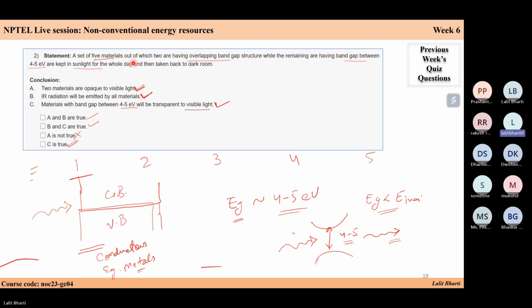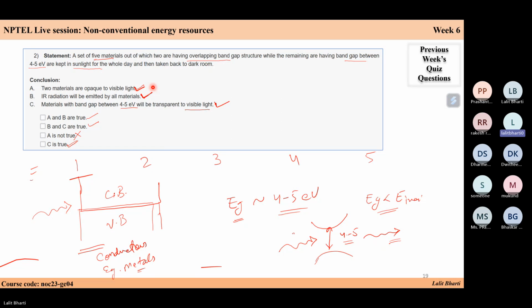IR radiation will be emitted by the material. So what we are doing, we are first putting it in sunlight for a whole day, and then we are taking it into the dark room. We will also discuss the black body radiation, and whatever material you have, if you put it in sunlight, it will absorb the spectrum.